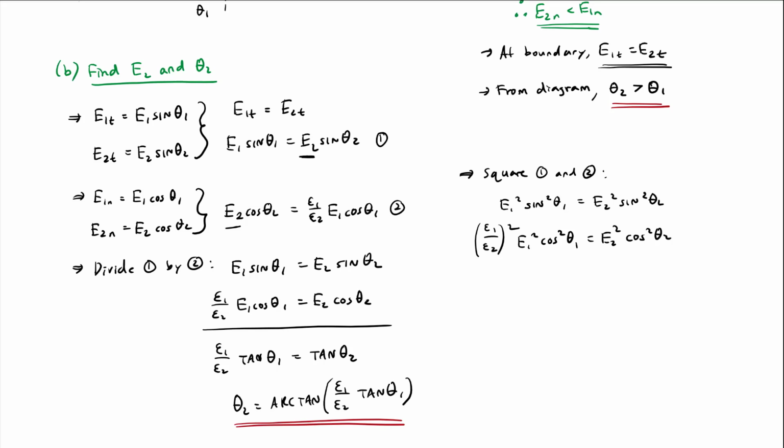Okay, so looking at the two of these, it might be easier to just add them together because sine squared theta plus cos squared theta is equal to 1. So let's just add them. So then we have E1, which I can factor out. So I have E1 squared times sine squared theta 1 plus epsilon 1 over epsilon 2 squared cos squared theta 1 is equal to E2 squared times sine squared theta 2 plus cos squared theta 2.